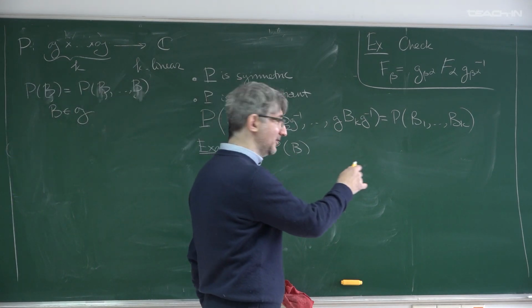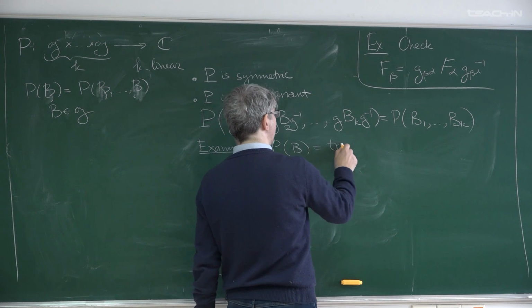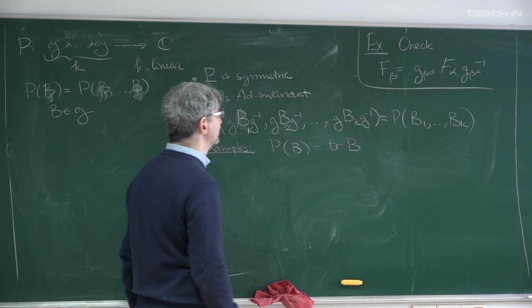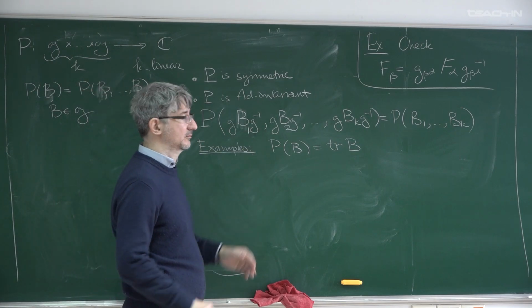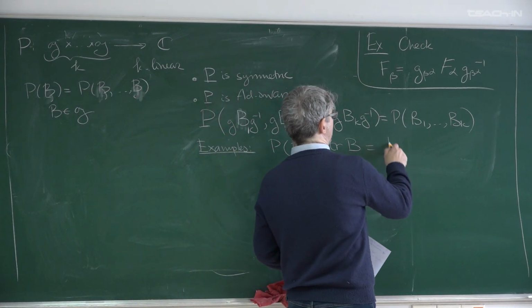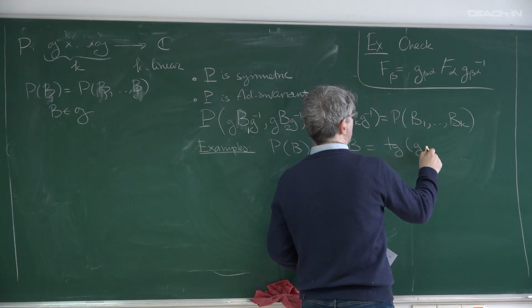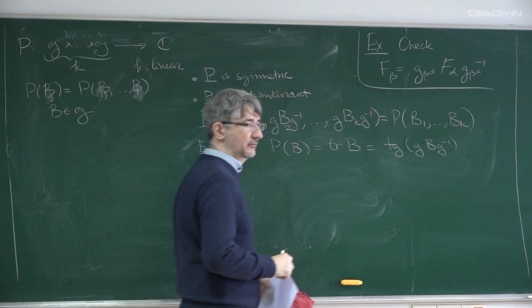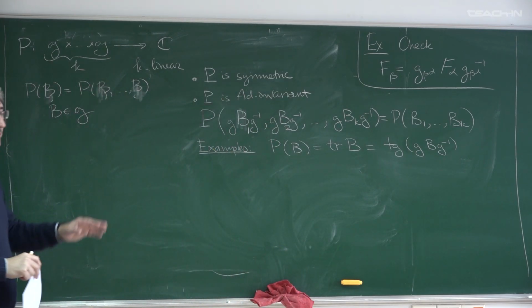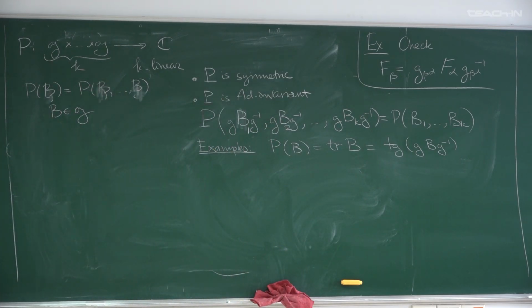Yes, correct: trace of B. It's symmetric because there is only one argument, so you don't need to interchange order. And trace doesn't change its value if you take a conjugation. There are some other examples, but let me skip them.